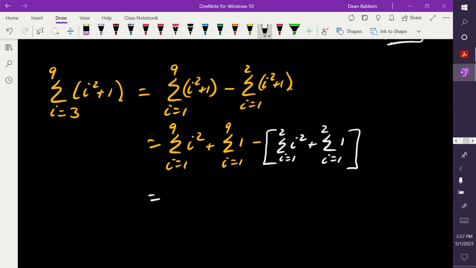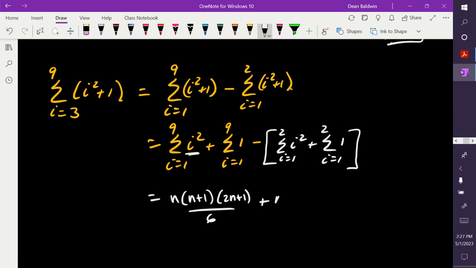Once you get to this point, you ask yourself, is there a sigma for i squared? What is it? n plus 1, 2n plus 1 over 6. So this turns into n plus 1, 2n plus 1 over 6 plus, what's the sigma for 1? nc.